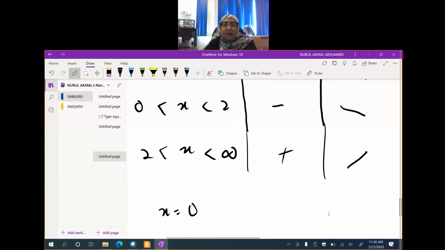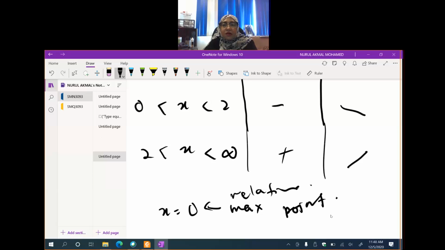So x equal to 0 will be the relative maximum point, and x equal to 2 will be the relative minimum point.